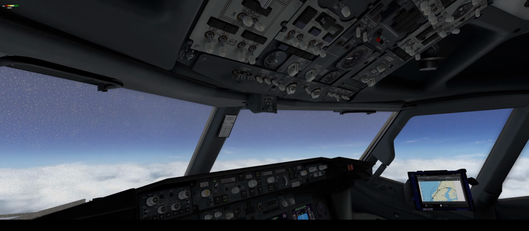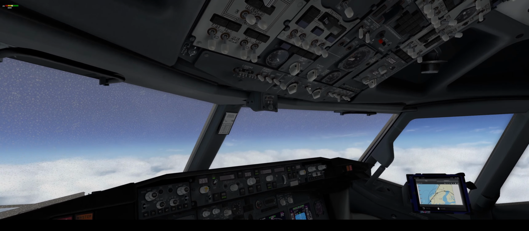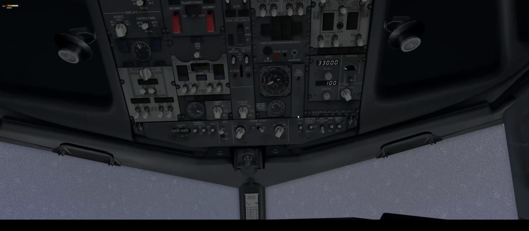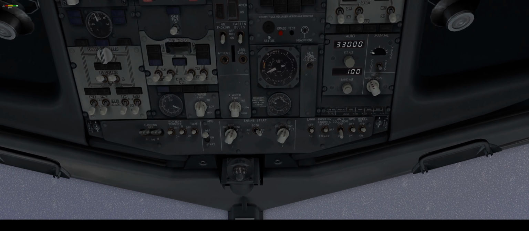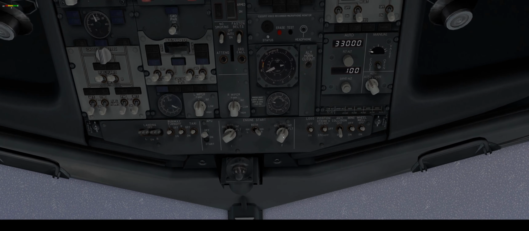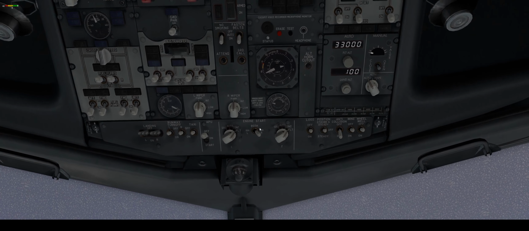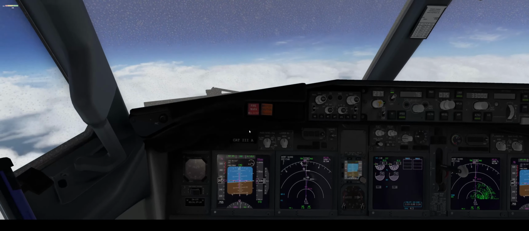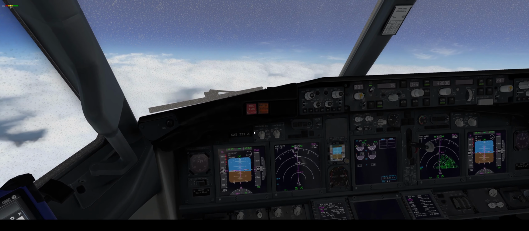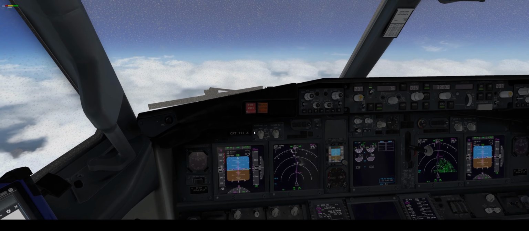If you have it in continuous, it will go only from the right side ignition, as is depicted right over here. But if you put it on flight, the airplane will disregard the switch, and the ignition will be going constantly from the left and the right side.